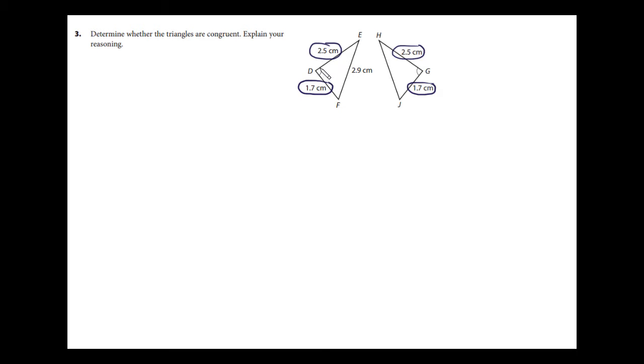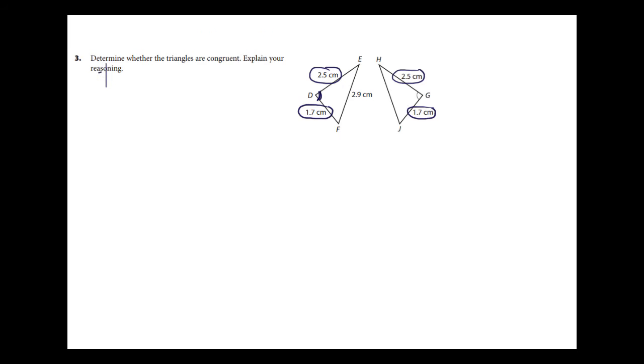This angle becomes the included angle, angle D, and that's got one little arc through it, and it's the same as this angle right here, G. They don't give me numbers of degrees, but they do tell me that they are congruent. So since angle D is congruent to angle G, we have side, angle, side. So these triangles are congruent.